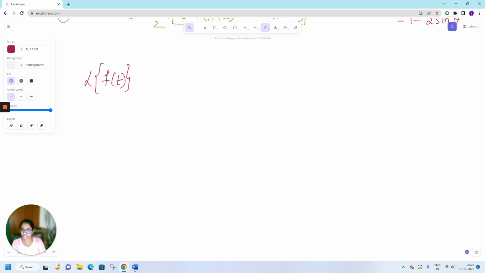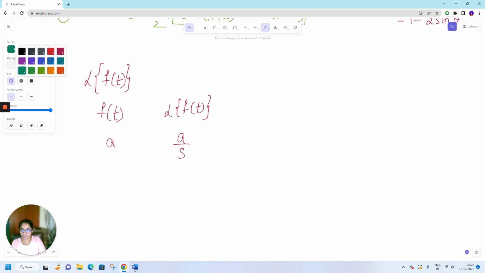Now, if this f of t value is a constant a, then the Laplace of f of t is a divided by s. For example, if I ask you what is Laplace of 1, the answer would be 1 by s.